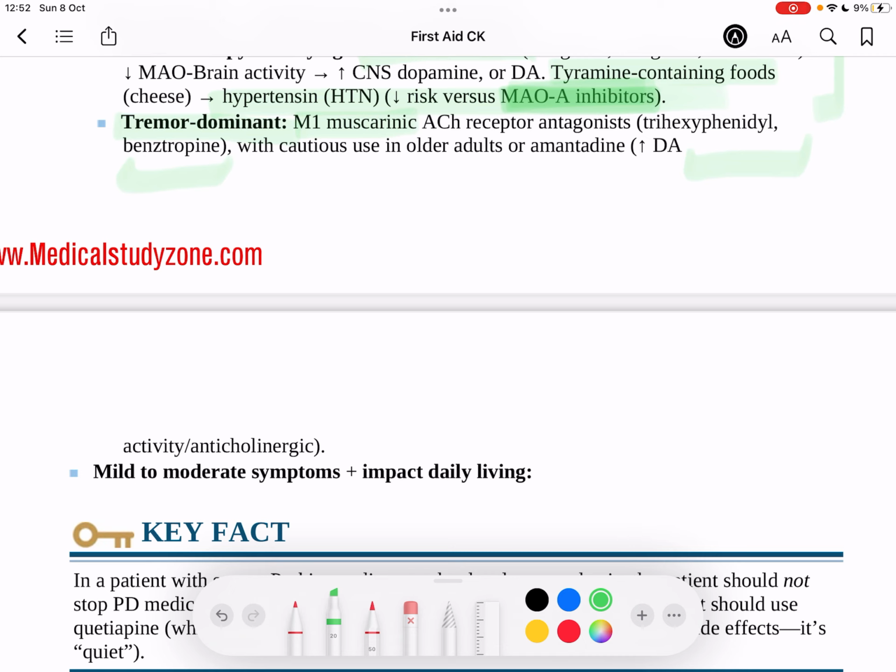These are also the same medications that we give to counteract the side effects of dopamine antagonists. So if somebody's taking haloperidol and all of a sudden they start to get Parkinson-like signs, those extrapyramidal signs, we usually give M1 muscarinic antagonists.